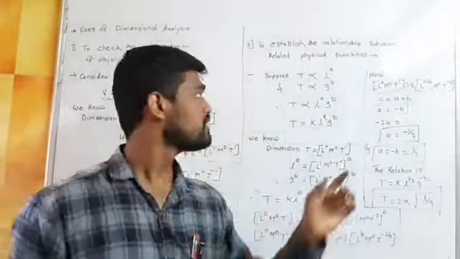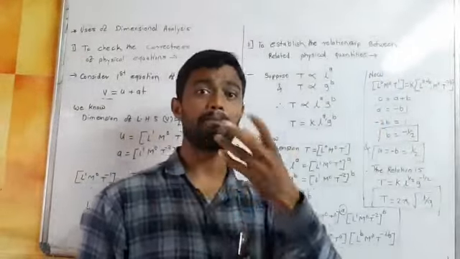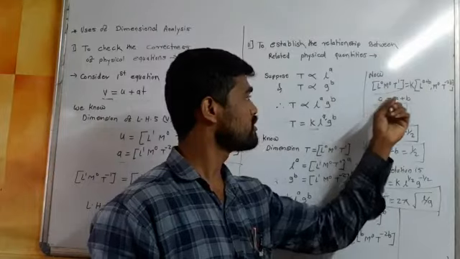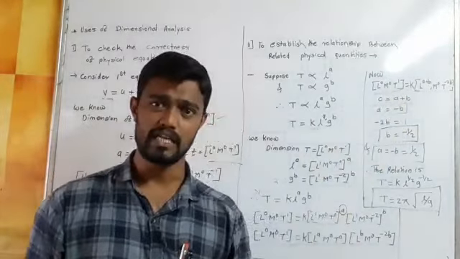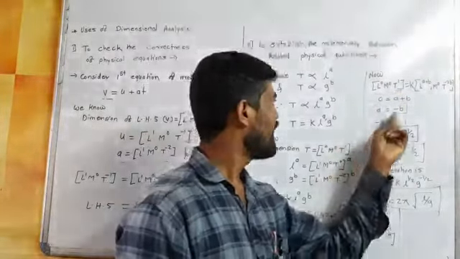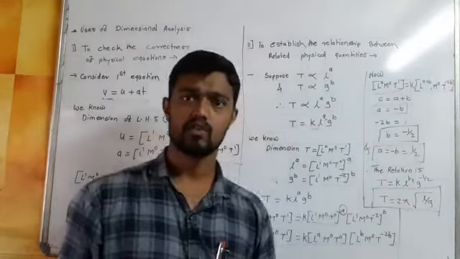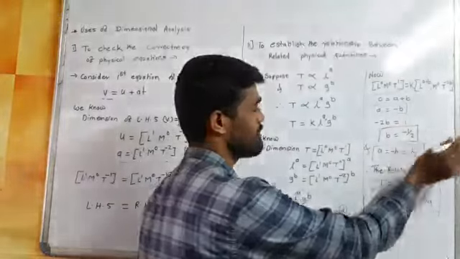What is my power? When L is 0, A plus B, so 0 is equal to A plus B, so A is equal to minus B. And 1 is equal to minus 2B, so B is equal to minus 1 by 2.